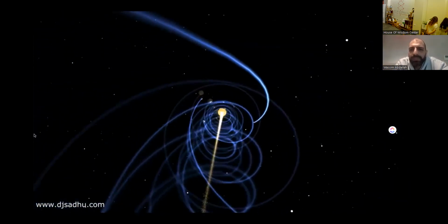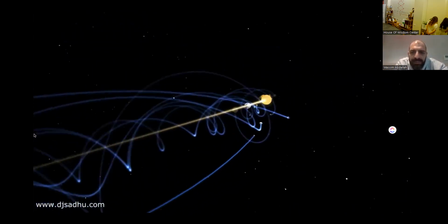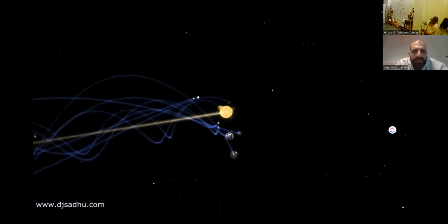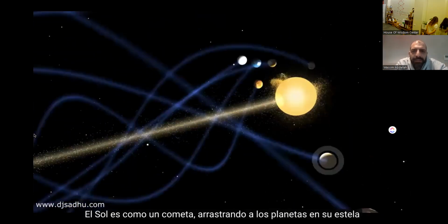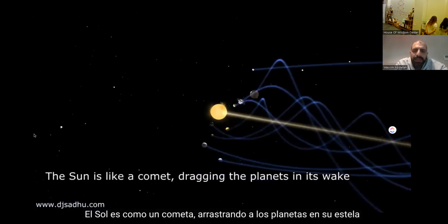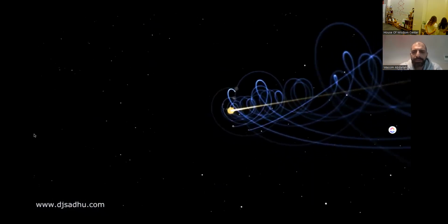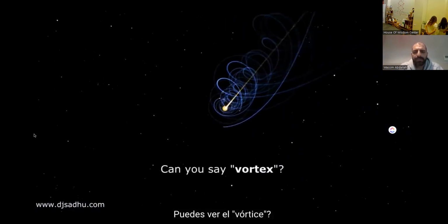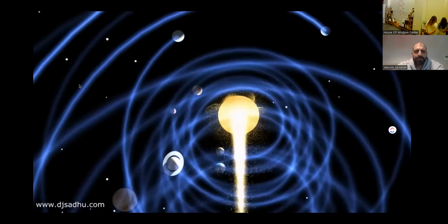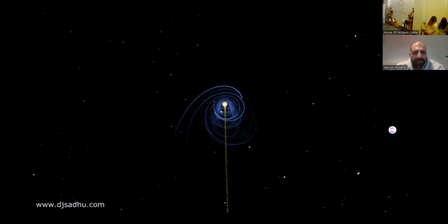That's the real, basically. I love this. What's the small planet like? It's a helical movement. Helix. Oh, wow, the helical movement. This makes much more sense. It's like much more sense.